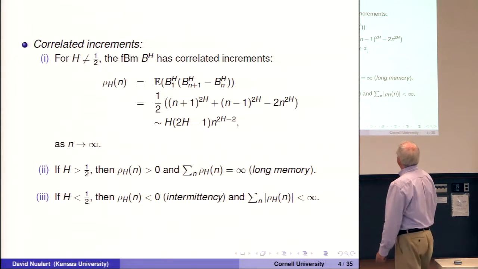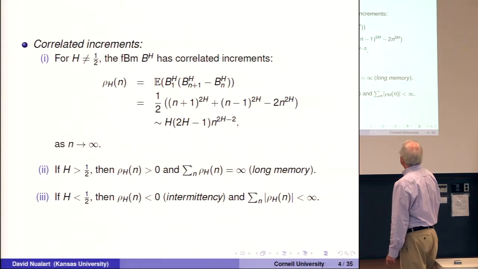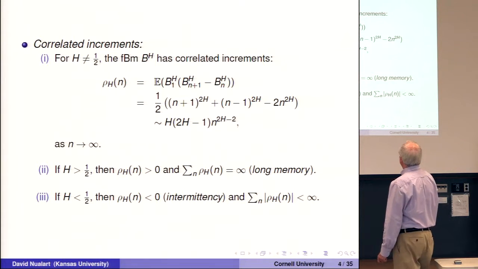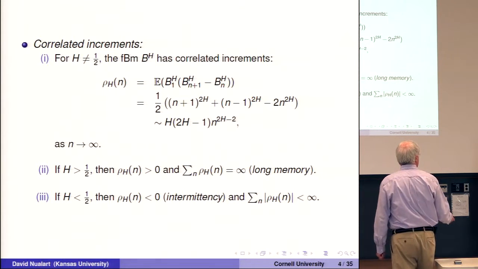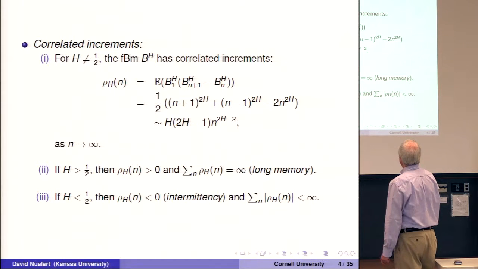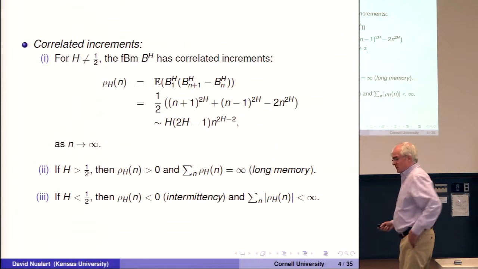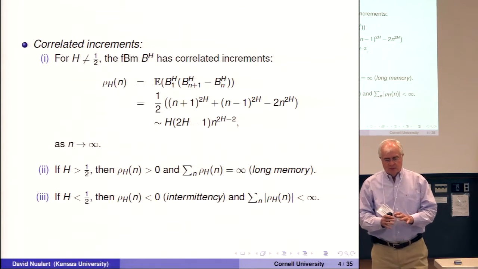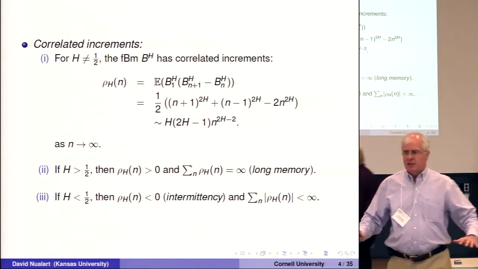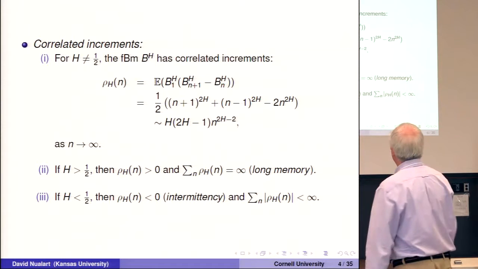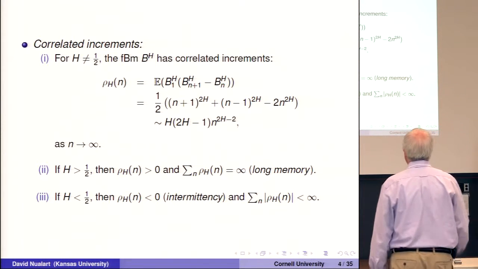So that's the covariance between V_1 and V_{n+1} minus V_n. And if you compute this covariance using the covariance function, you get this. And as n is large, this behaves as n to the power 2h minus 2, because this is like the second derivative. So this means that the covariance between two increments decays polynomially as n goes to infinity, and the rate is n to the power 2h minus 2.